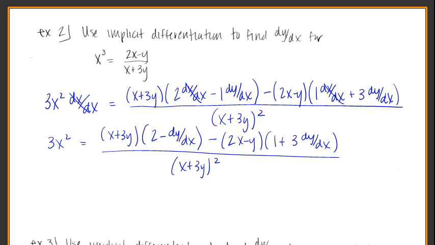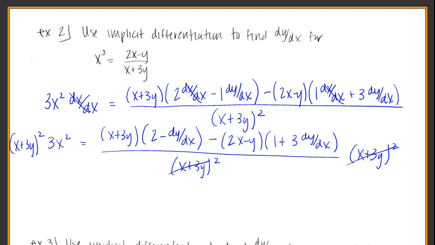From here on out, we're just doing steps in order to isolate the dy/dx's. So let's multiply both sides of the equation by the quantity (x plus 3y) squared, so we can get rid of the bottom of the fraction. Then how about we go about distributing along the top.